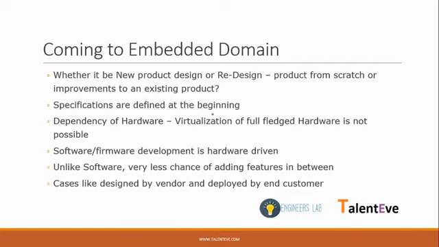DevOps. One more major disadvantage is that whenever an embedded designer or a company is developing the embedded products, they develop and then give it to an end customer, and it will be used in a field where someone else uses it.